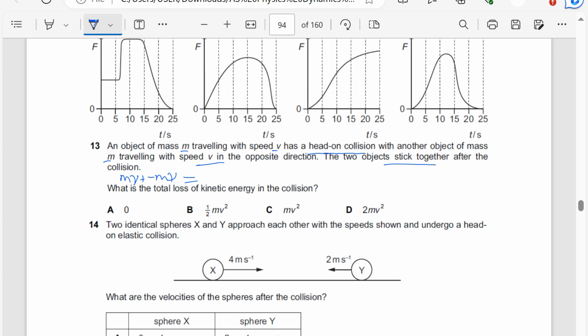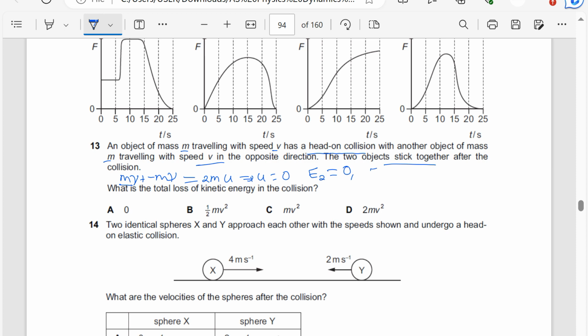Because they stick together, total mass will be 2m, and let the speed after collision be u. Because mv plus minus mv is equal to 0, the speed after collision is going to be 0. So total kinetic energy after collision is 0. It means that the system remains at rest.